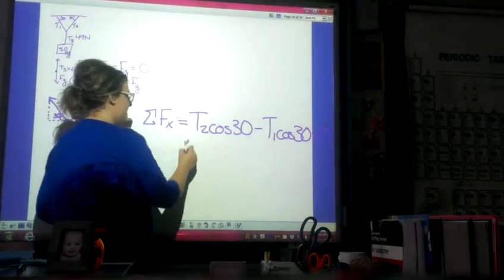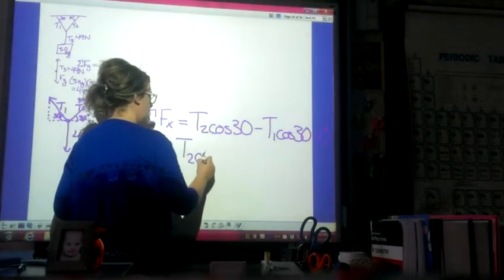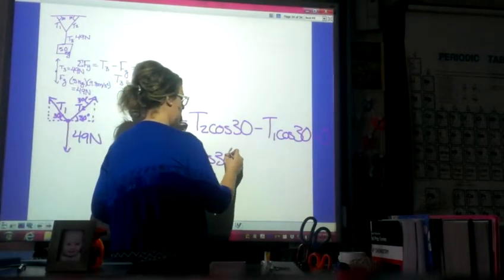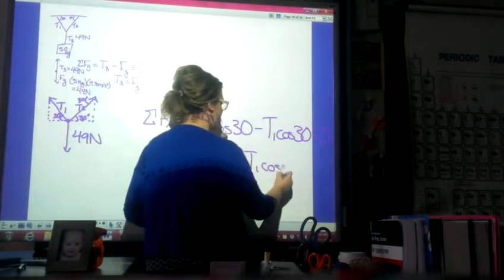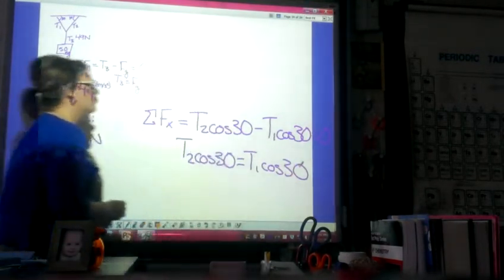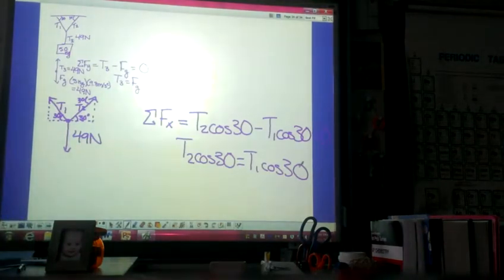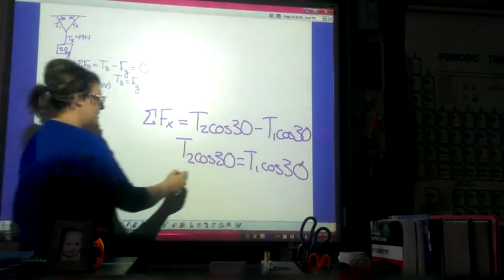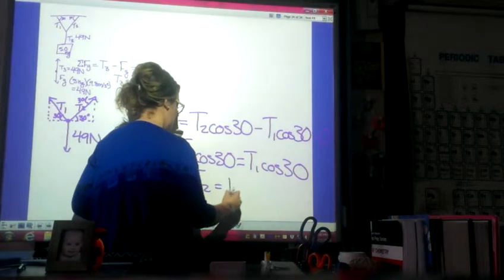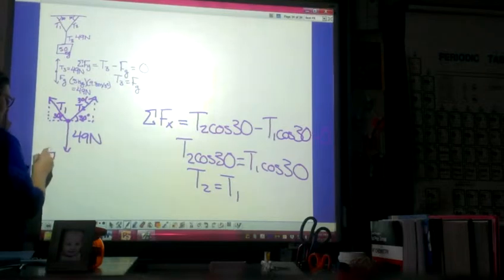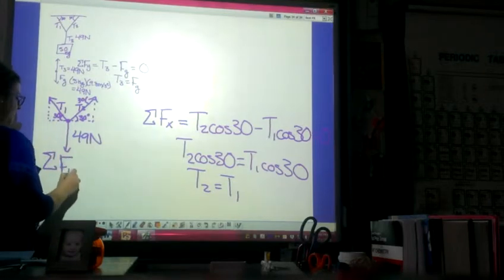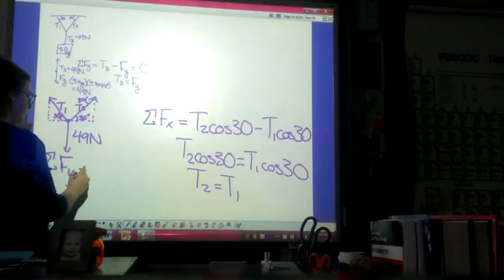So if I simplify that down, T2 cosine 30 minus T1 cosine 30 equals 0, which really then is just saying T2 equals T1. So now let me come over here and do my sum of the forces in the y, because that really didn't get me anywhere.